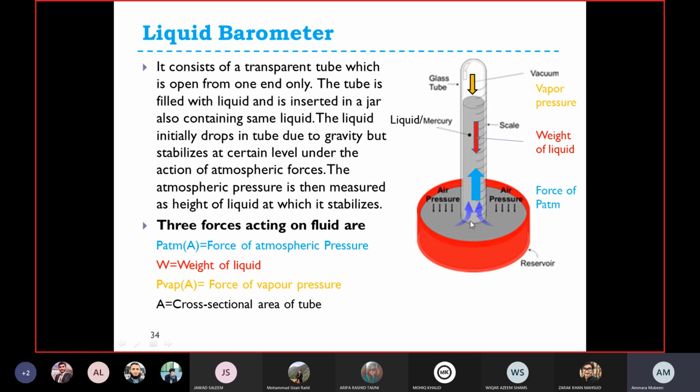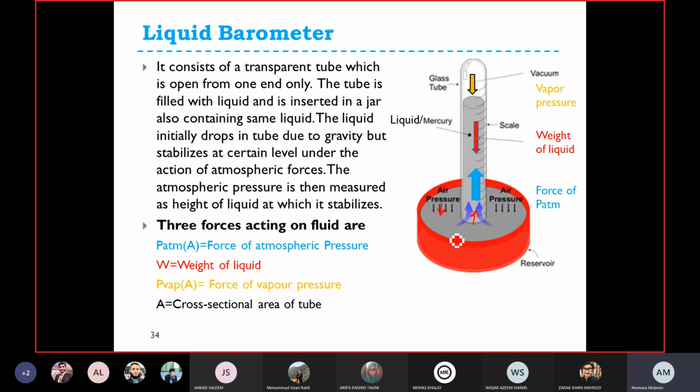Okay, so here there is atmospheric pressure, then at the same depth the fluid is subjected to the same pressure, but the direction of that pressure would be opposite. Because the depth is the same, the pressure would be the same.